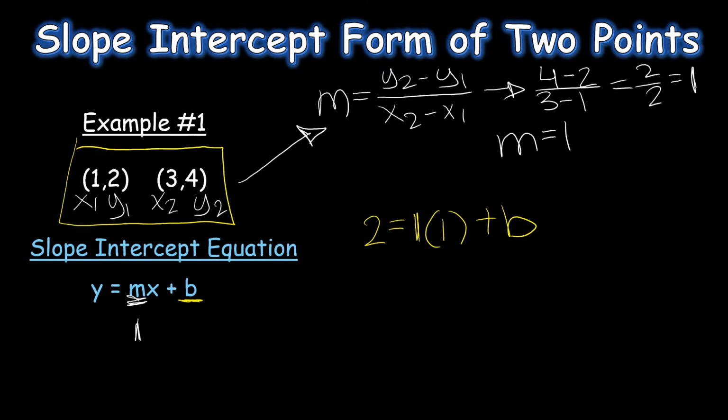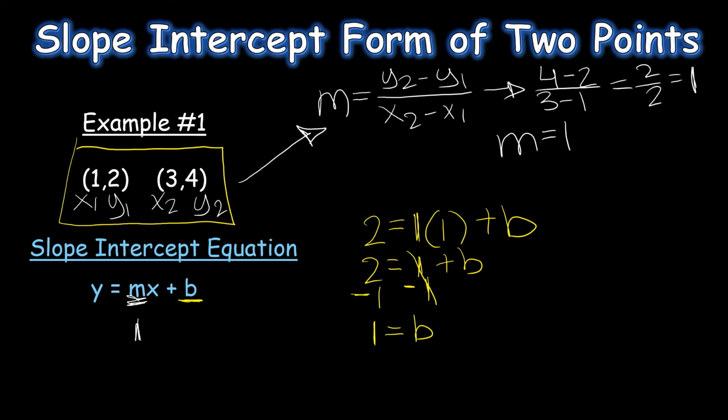Now we just have to solve it. So we have 2 equals 1 times 1 is 1 plus b. Now we have to isolate the b, so we subtract 1 from both sides. 1 minus 1 is 0, and 2 minus 1 is 1. So we have b, or our y-intercept, equals 1.